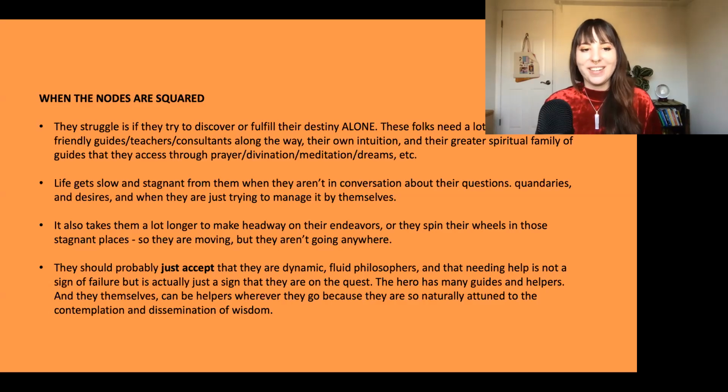And I put here, they probably should just accept that they are dynamic, fluid philosophers and that needing help is not a sign of failure or not knowing, but it's actually just a sign that they are on the quest. The hero has many guides and helpers, and they themselves can be helpers wherever they go because they are so naturally attuned to the contemplation and dissemination of wisdom.